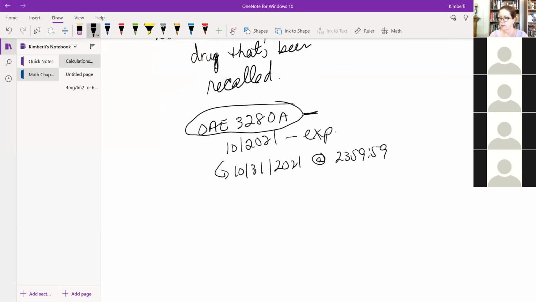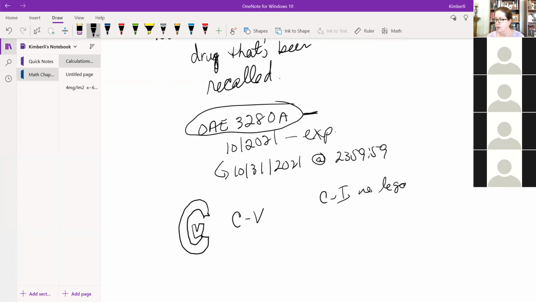So let's say that you've got a C5 drug that's not extremely addicting, then it would have something that looks like this. And they do it in Roman numerals. So basically, a C1 has no legal use in the US. It could be used for research purposes, like one of these drugs is LSD.